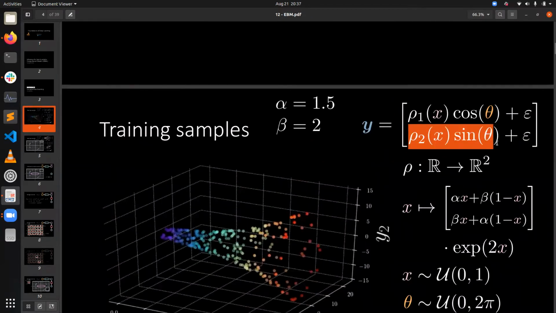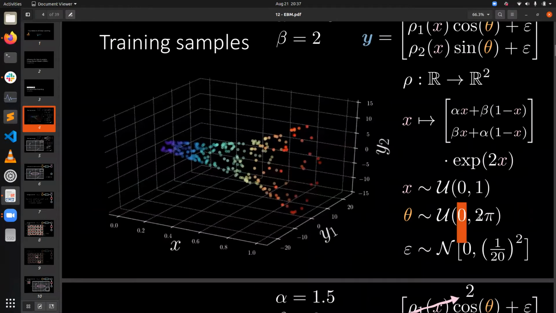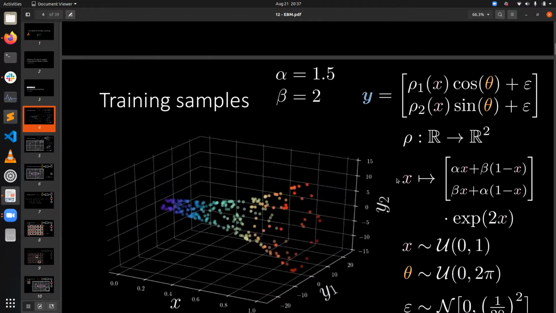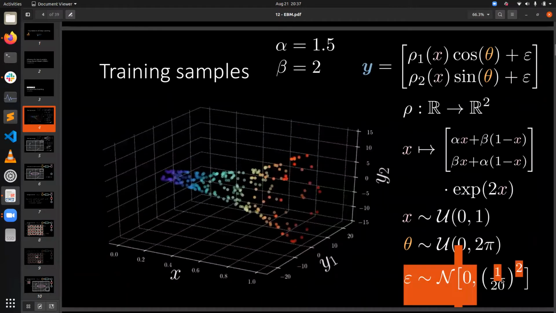Y is a 2D vector, x is your input, and this theta is the latent variable. Theta is obviously the angle in this case, the ellipse thing. It varies from 0 to 2 pi. So this is the data generation process, and epsilon is just a small error that's sourced from a normal distribution.